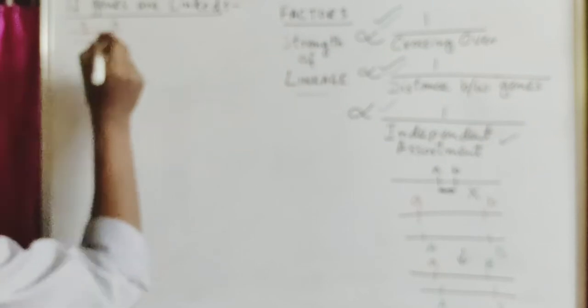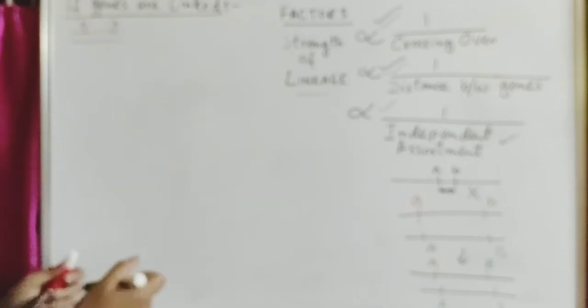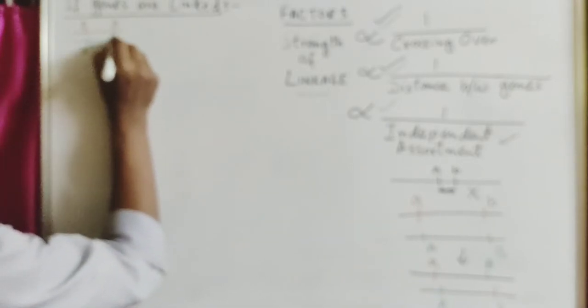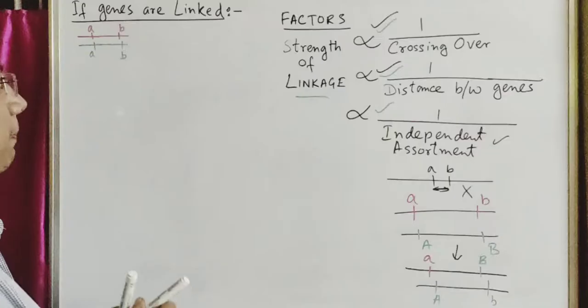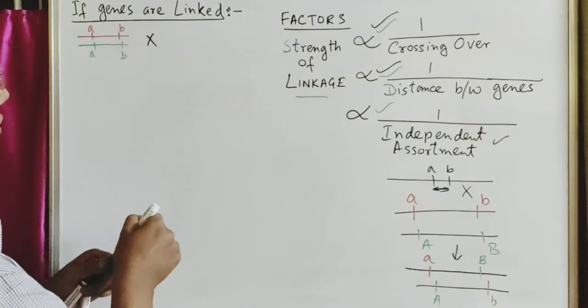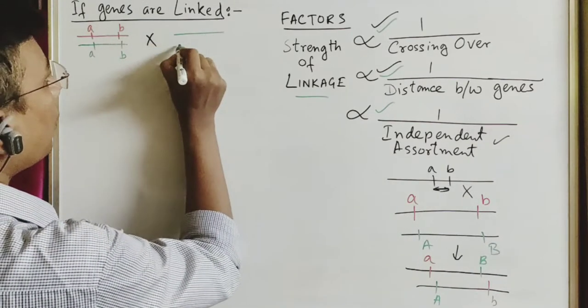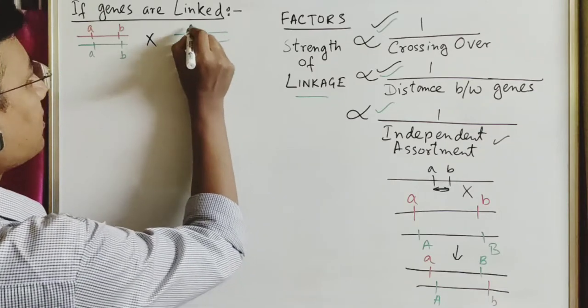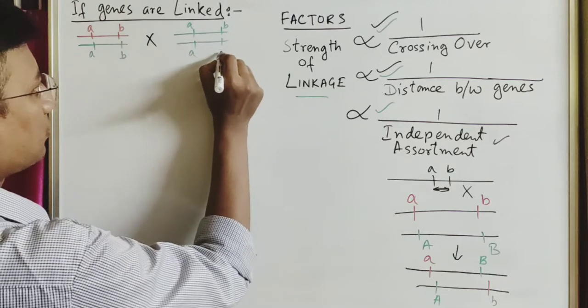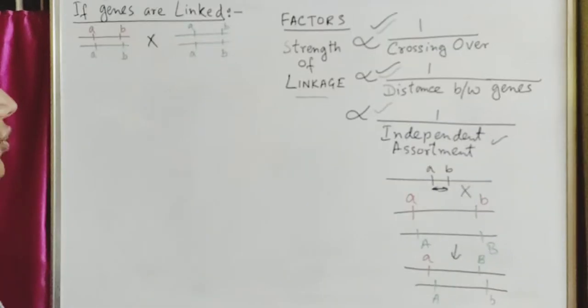So A, B, and A, B, and this parent we will cross with another homozygous parent, so that is a cross.